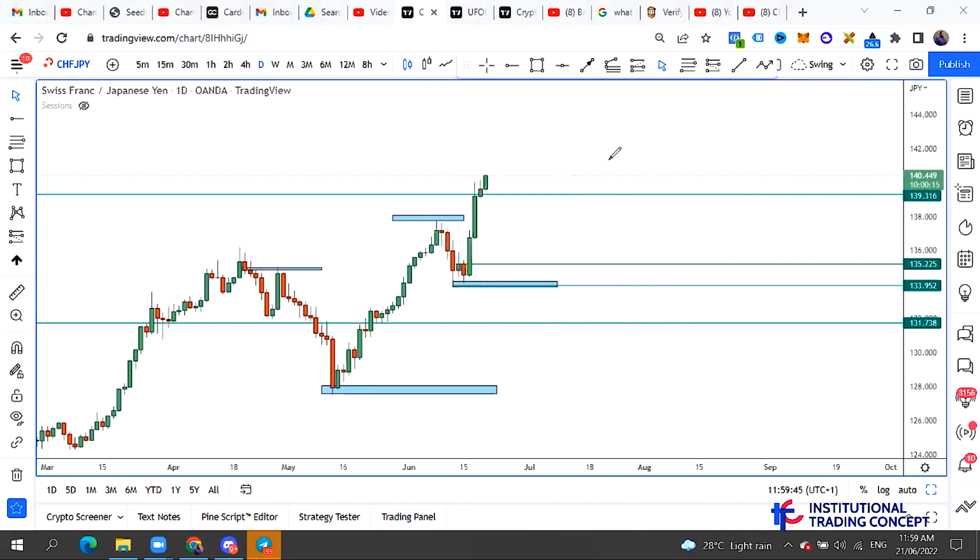Okay, so this is why you must understand that trading is not what you want, but what the market gives. What I want is that I want to sell, and the market gives us that sell in this place. But what happened is that there is no continuation of sell.